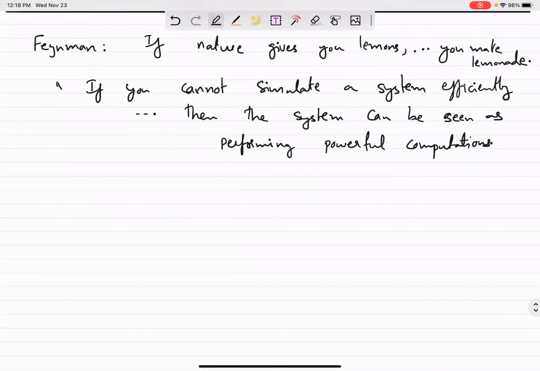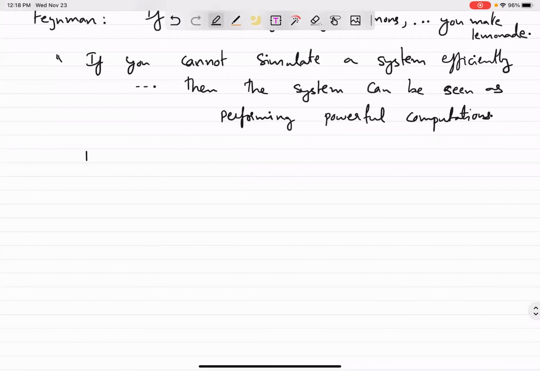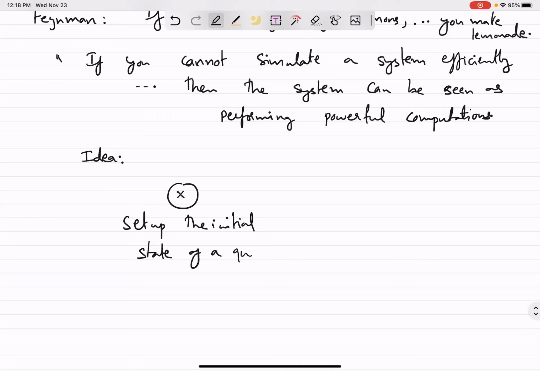Okay. So the idea at a very, very high level is the following. So you set up the initial state of a quantum system, meaning it obeys laws of quantum mechanics, right?